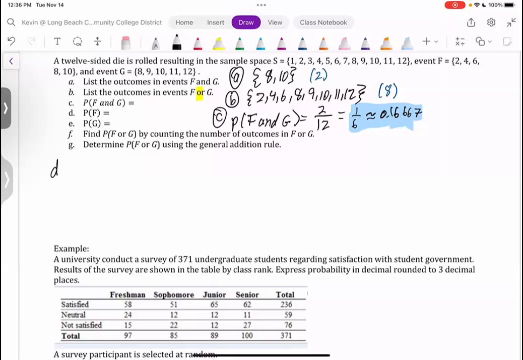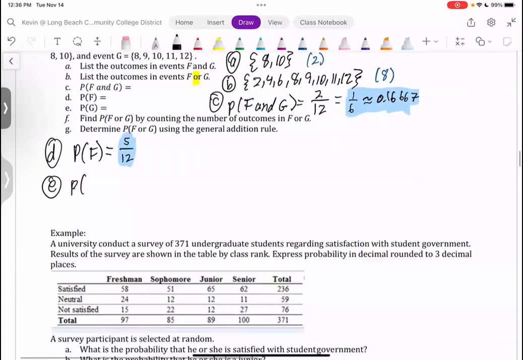Part D. Find the probability of event F. No problem. There's only 5 out of the 12 there. And E. Probability of event G happening.